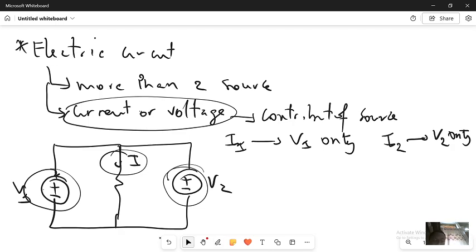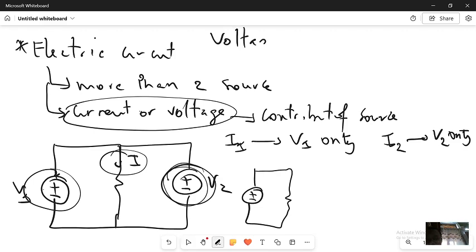To determine the current I1, I have to turn off this source. Since it is a voltage source, it will be turned off by a short circuit.